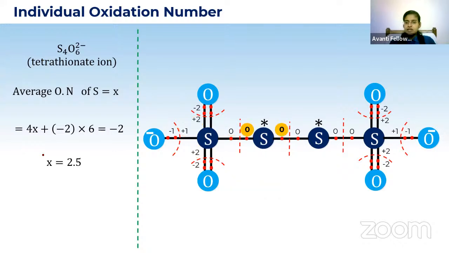For the second sulfur, both of them are 0, so it is 0. For the third sulfur also, 0 plus 0, so 0. What about the last one, the fourth sulfur? It also has +2, +2 and +1, so the total charge is +5. So the first sulfur and fourth sulfur have +5 charge.